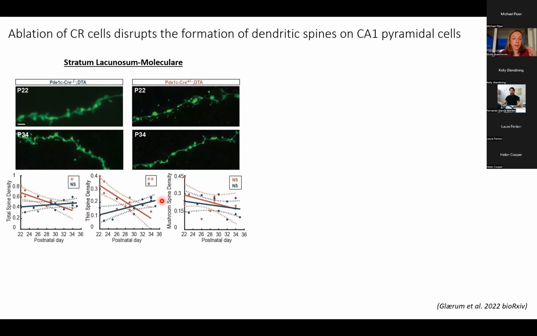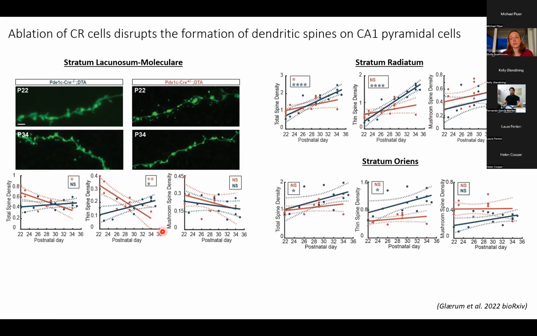But then if we look at what happens when we remove the Cajal-Retzius cells, and again, the thin spines are the most interesting here, we see the completely opposite trend. And not only is there an opposite trend, so the Cajal-Retzius cells decrease, but the spines decrease. What is also very interesting is that at the earlier stage analyzed, at P22, we actually have more thin spines, and then they drastically drop in the span of 10 days.